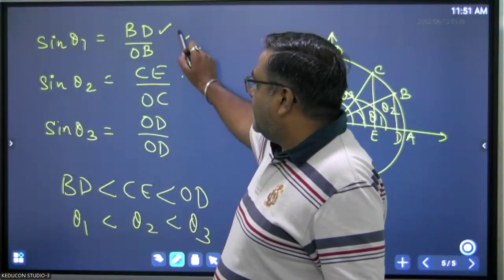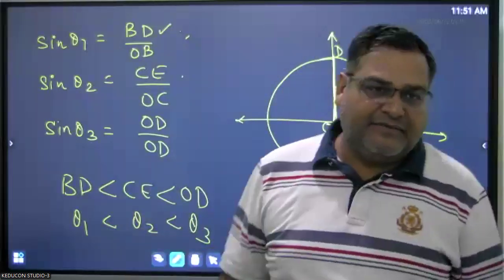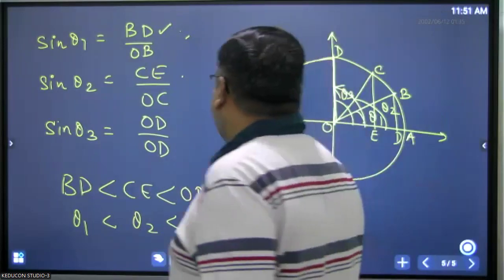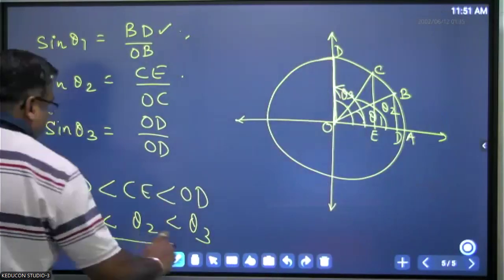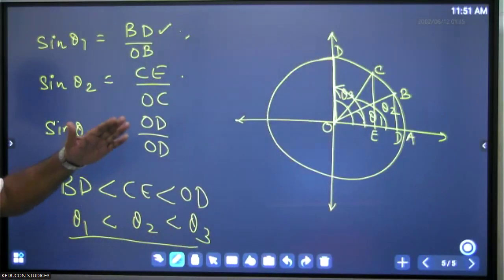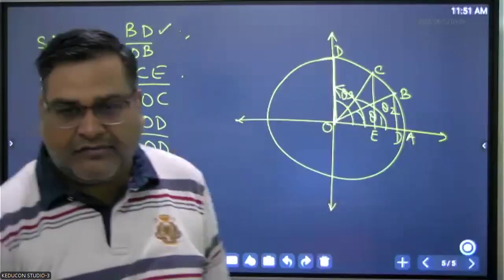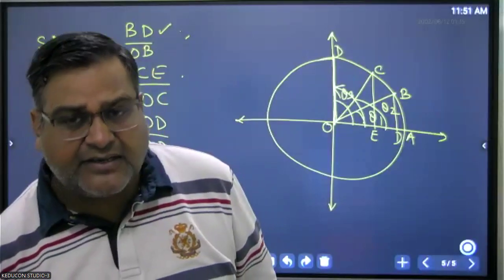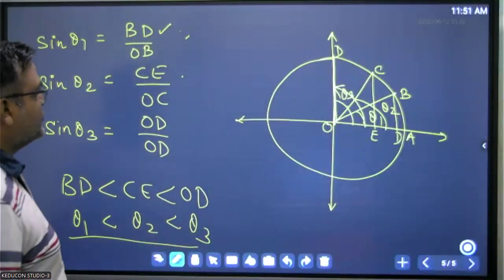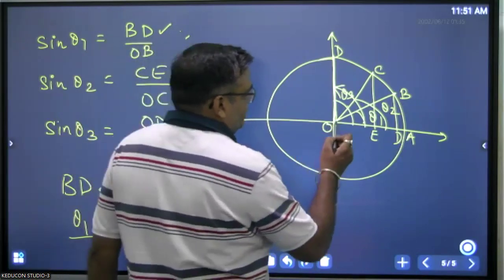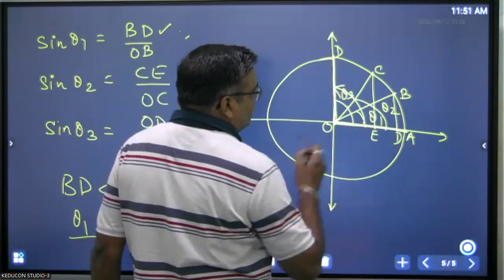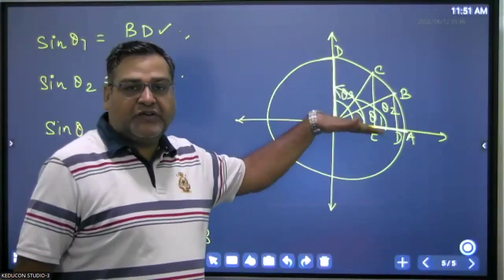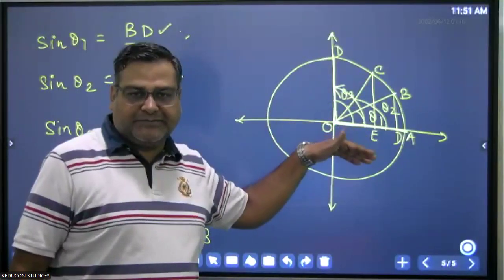This is greater than the sin theta 1, and the third one will be the maximum, that is 1. So as the angle increases, the value of sin theta increases, right, in the first quadrant. And since it is a ratio, see this is the positive side of the Cartesian plane, so therefore all these values will be positive.